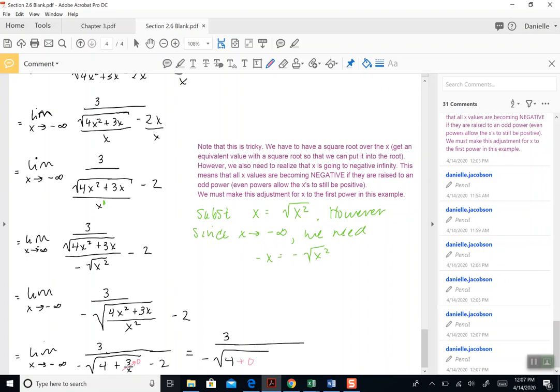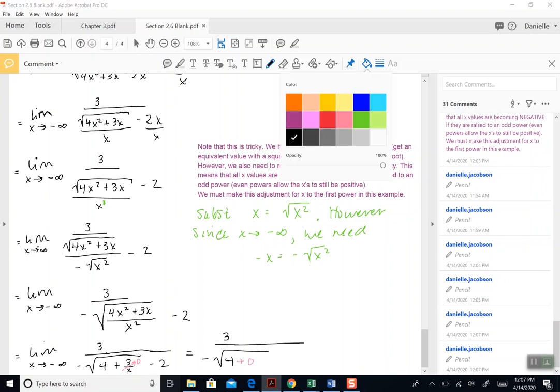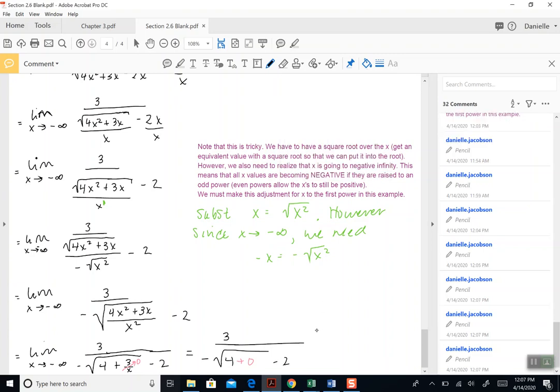Right, and then we have the minus 2 on the other side of that, so all that minus 2. This gives us 3 over, okay, root 4 is 2, so that's a negative 2 minus 2, which is a negative 4. All right, so it took a really long time, but we have finally reached our answer.